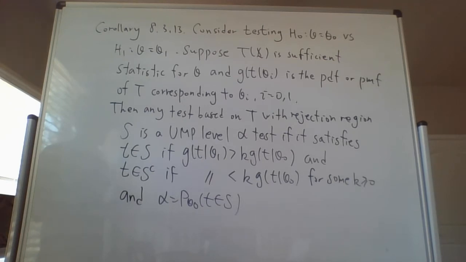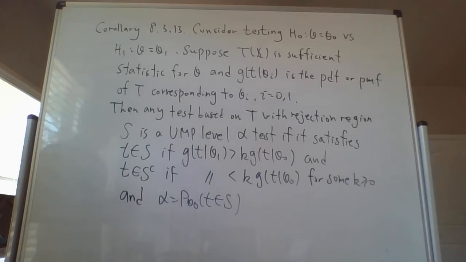And if the ratio is less than K, then the sufficient statistic belongs to the acceptance region, for K greater or equal to 0. This is the first condition. The second condition is that alpha is the probability that T belongs to the rejection region. So if we have these two conditions, then we have the UMP level alpha test.